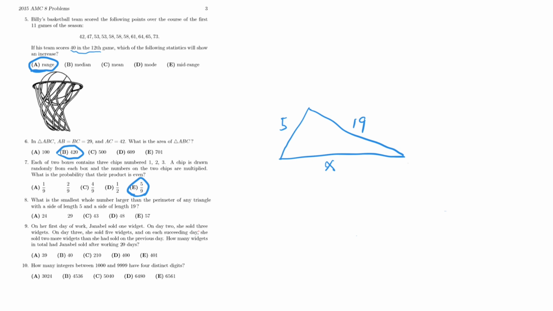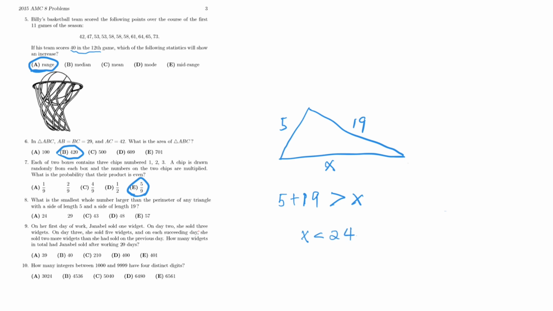The triangle inequality tells us the sum of any 2 sides must be greater than the third side. So x is less than 24.